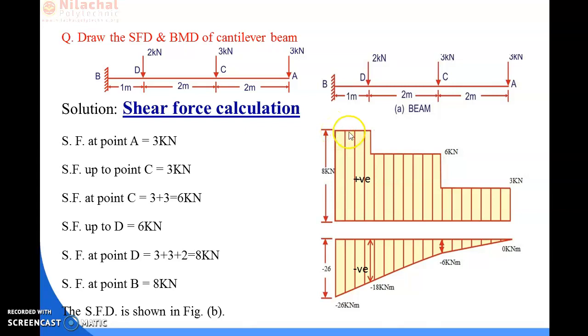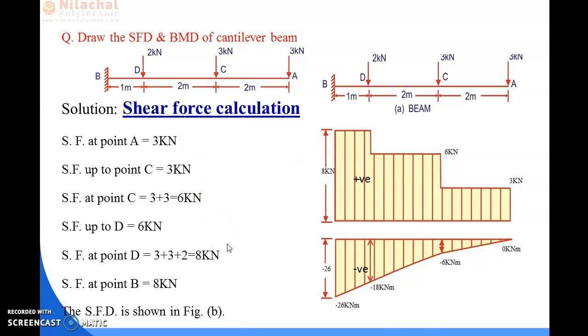So we just need to join all these points, and then we join the diagram with the reference line. Hence, we got the diagram of the shear force having all these shear force values.